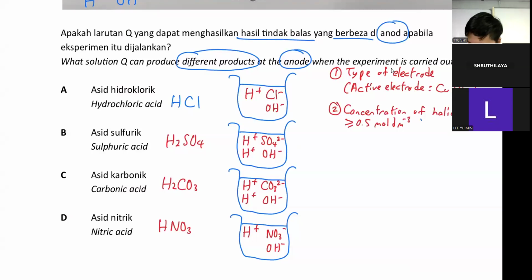Like if they have Cl minus, Br minus, or I minus ion, you have to choose the ion if the concentration is equal to or more than 0.5 mole per dm cubed. Then the third one is to look at the E naught value, which is more negative, or in the sense that less positive.